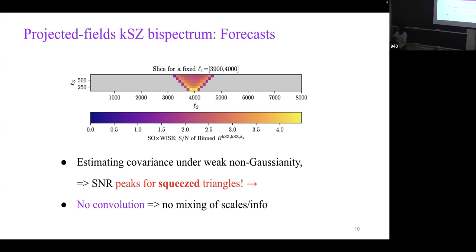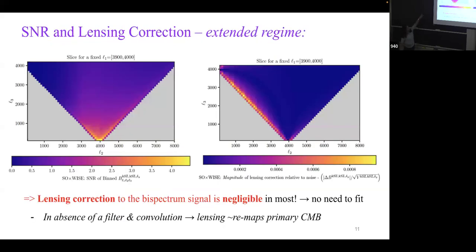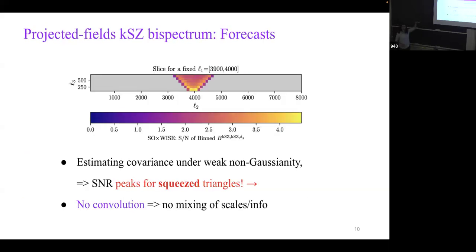We also explored what the signal to noise ratio would look like in the extended scenario, where we also include the nonlinear modes in the galaxy field. So this is the extended regime, but most of our paper sticks to the Lmax of 700 for the galaxy mode.